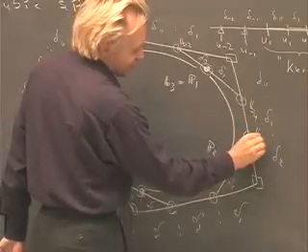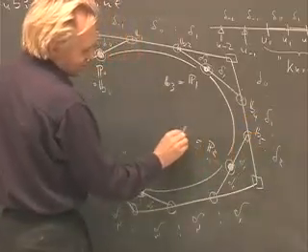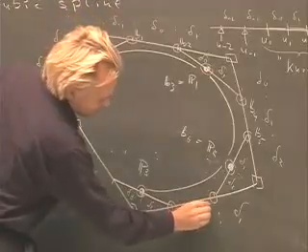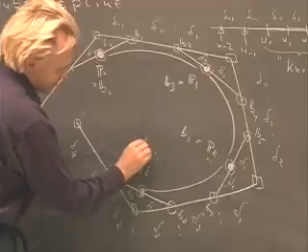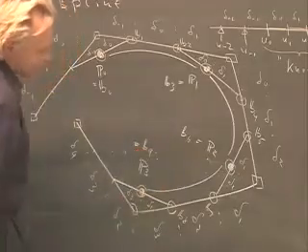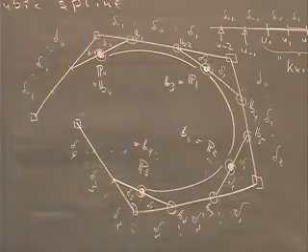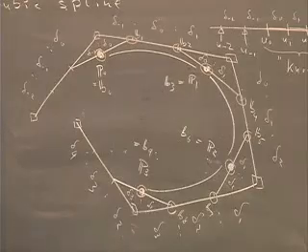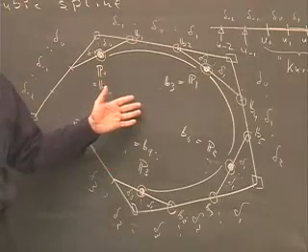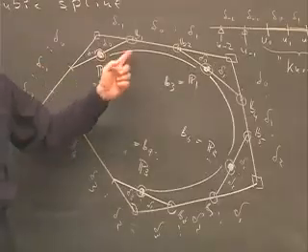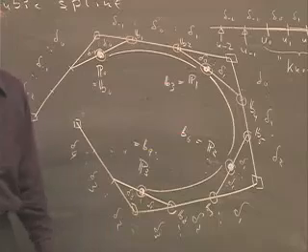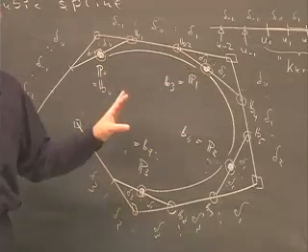This is B5, this one is B6, this one will be B7, B8, here this guy is B9, and that's it. So this configuration is a C2 continuous spline consisting of 3 cubic segments.